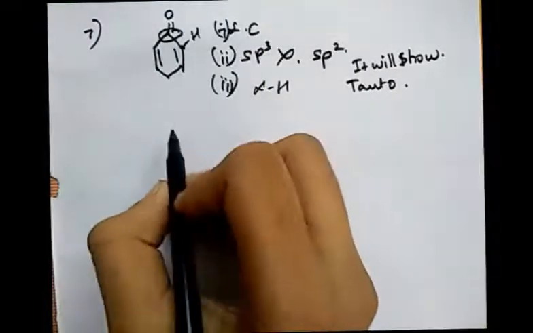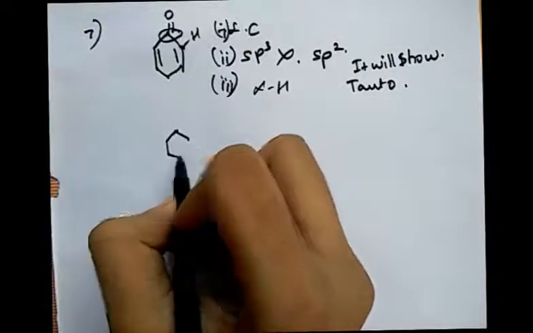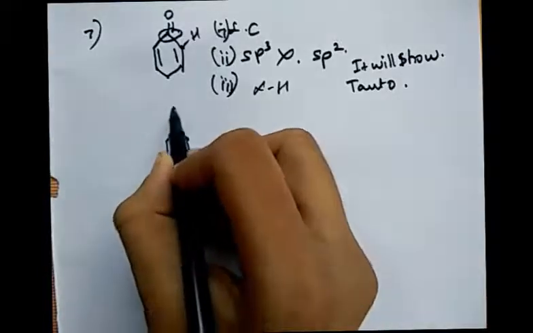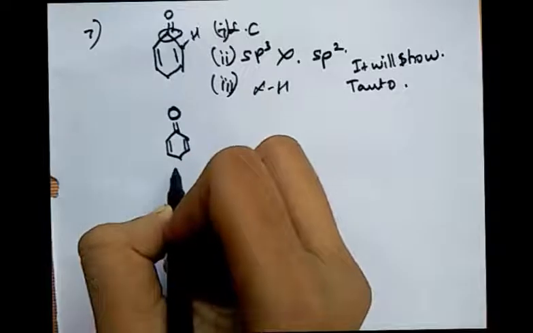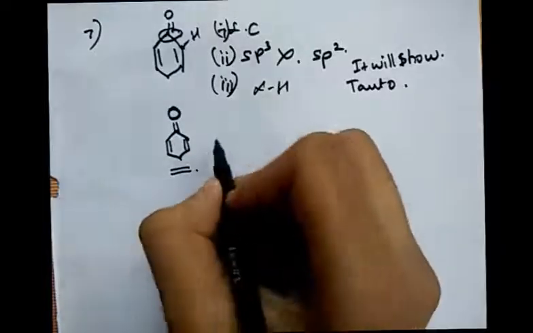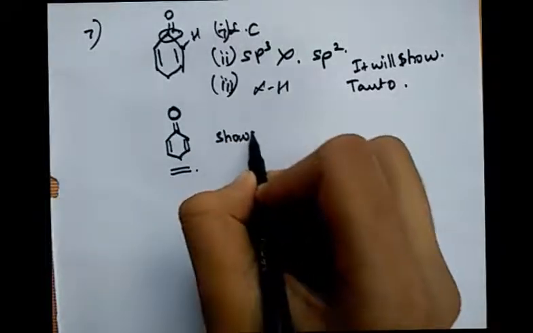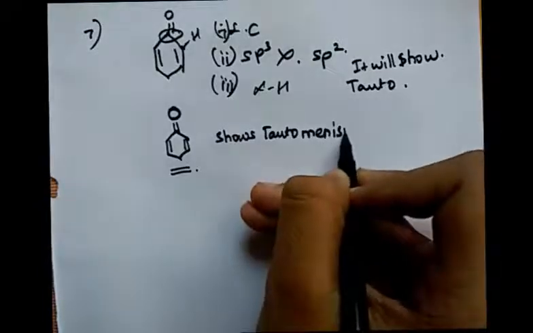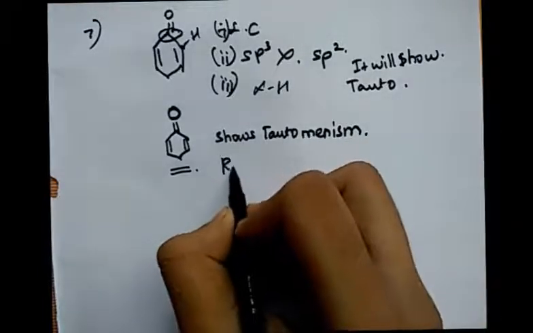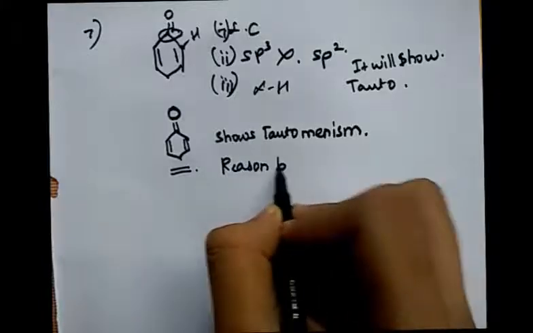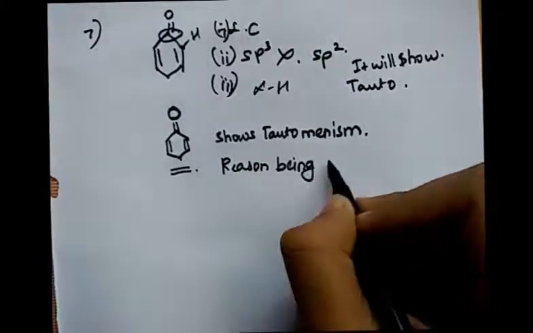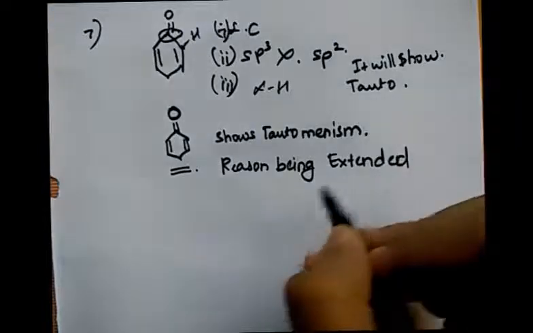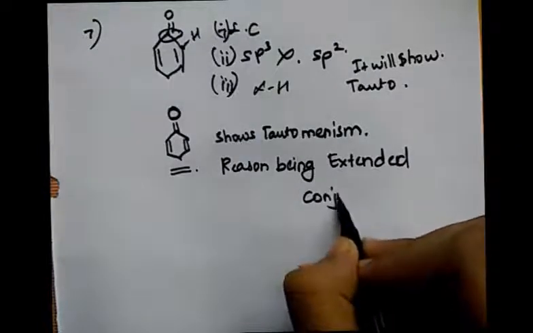So you may think it may not show, but please remember this particular molecule, this particular structure, it shows tautomerism. Reason being extended conjugation.